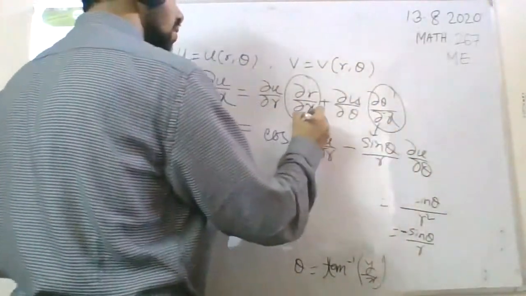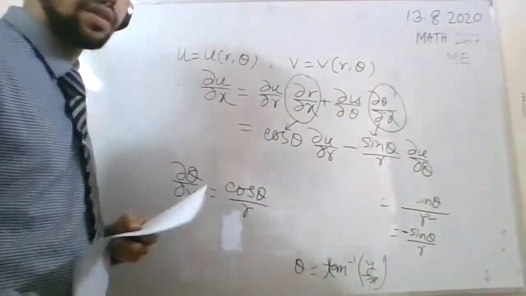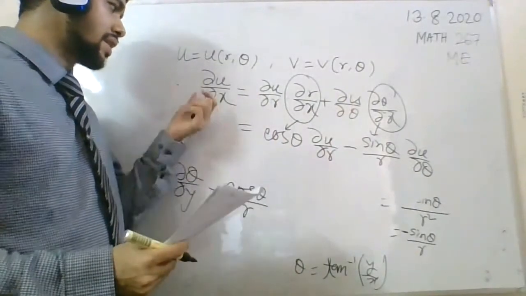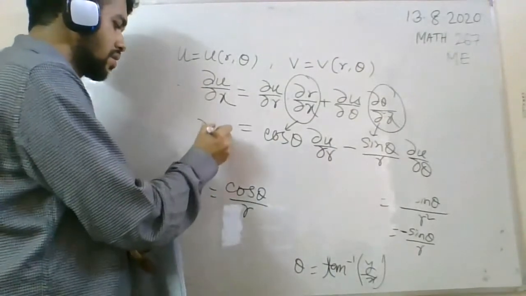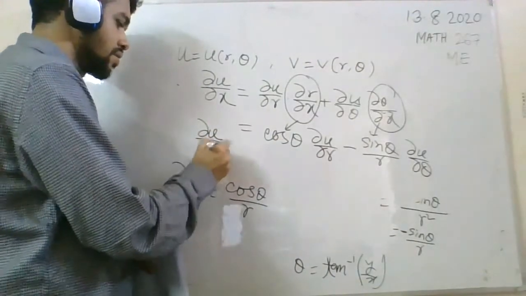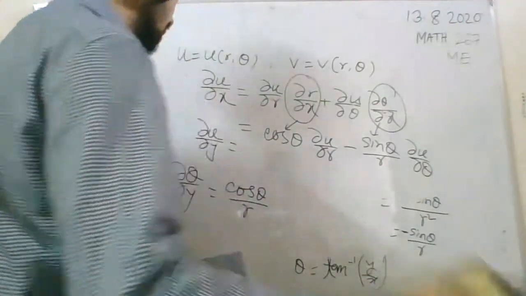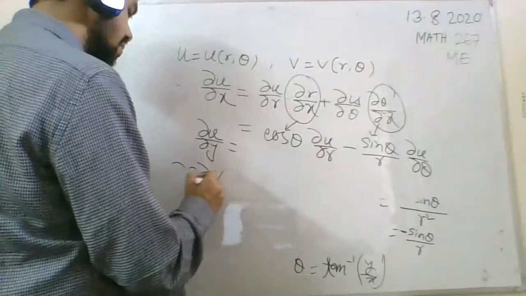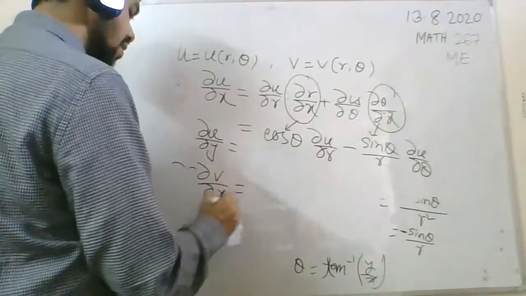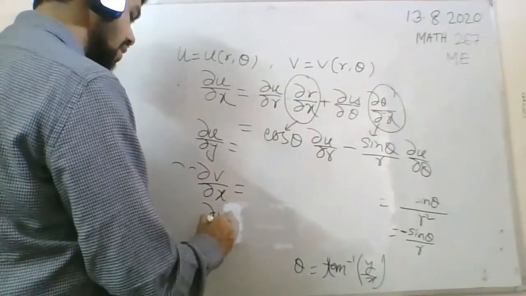Just apply those values. Okay, so here it is our del u by del x. Similarly, you have to find out the value of del u by del y, then del v by del x, and also del v by del y.